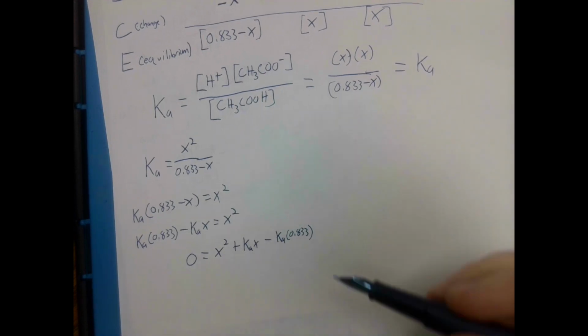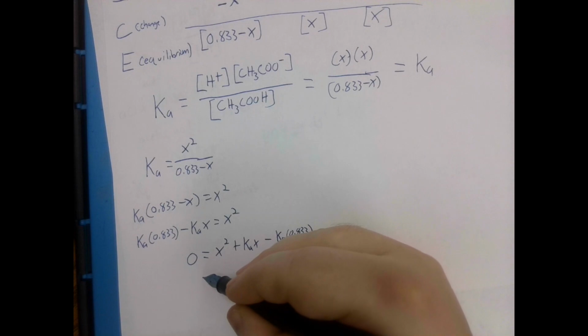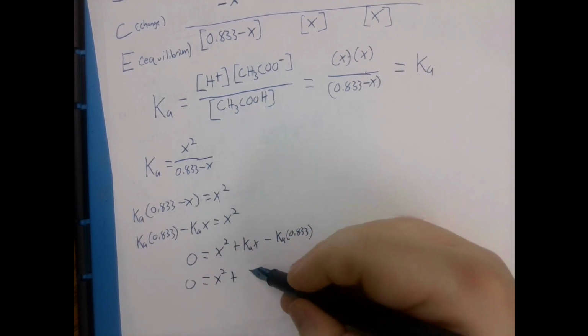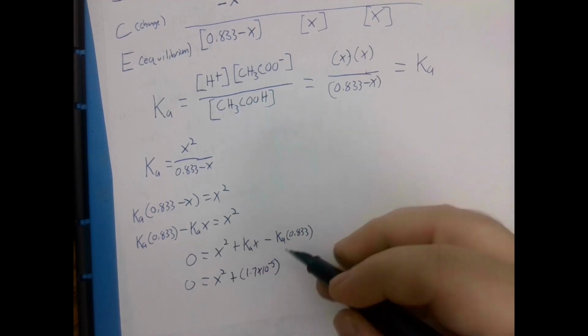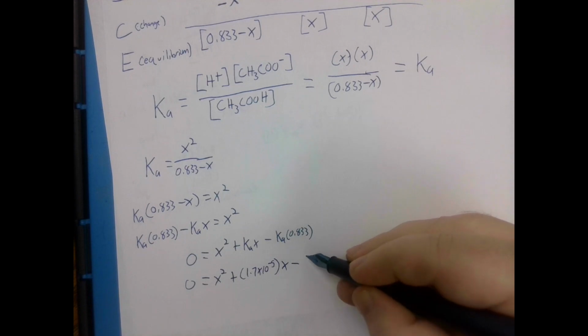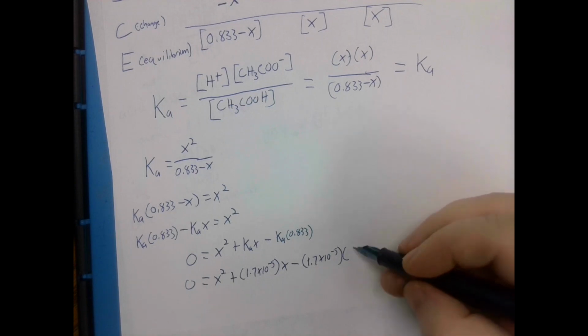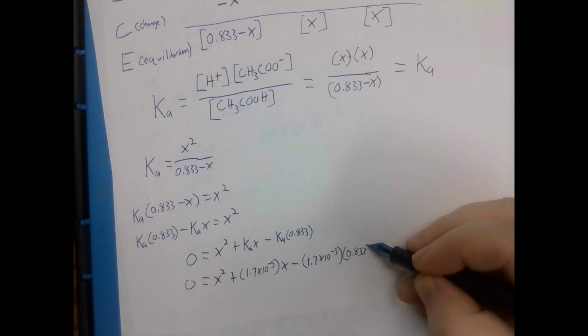And my Ka is this value up here. I'll go ahead and put it in. That'd be x squared plus 1.7 times 10 to the negative 5 times x minus 1.7 times 10 to the negative 5 times 0.833.